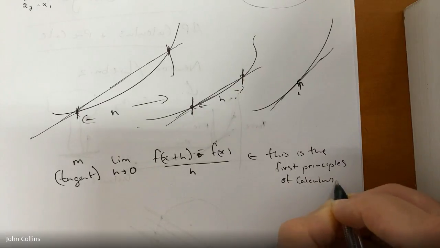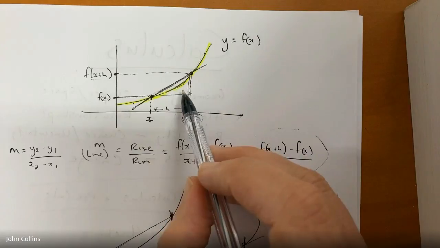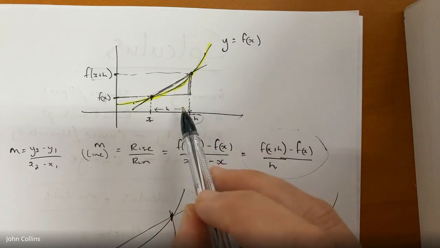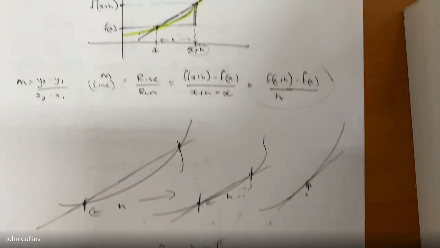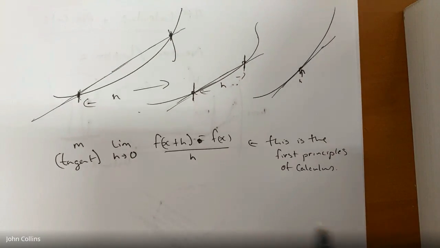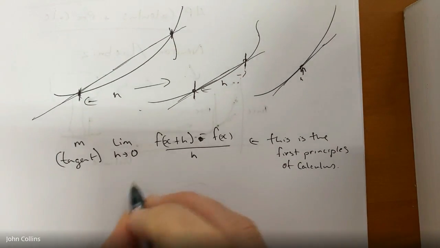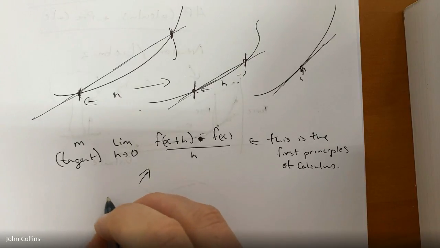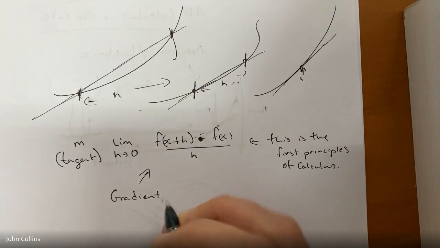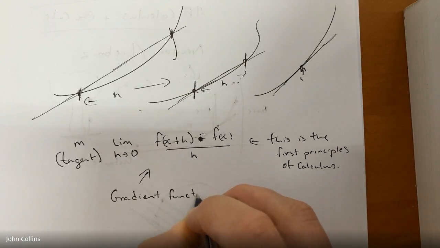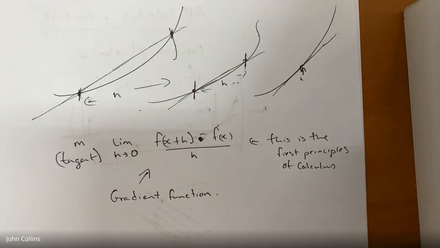I can find how steep this graph is at any point based off finding the slope of its tangent at any point. Now, this would be called, of course, well, maybe not of course, it's called the gradient function, then. It will give you the function of the gradients.